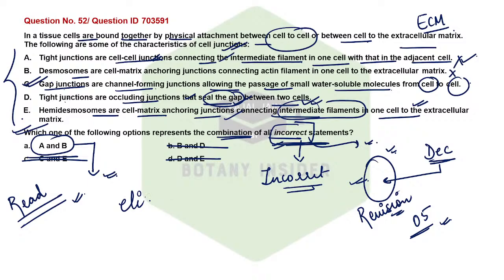You can take this as a pro tip from this complete session. You can use the elimination method in every single question that you do in part C, specifically when you have your question in the combination format where you have to find out the combination of the statements, right? A is the correct answer for this question.